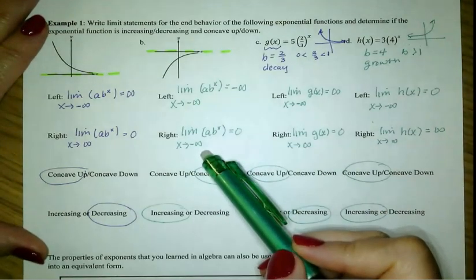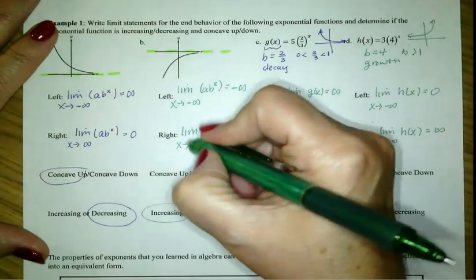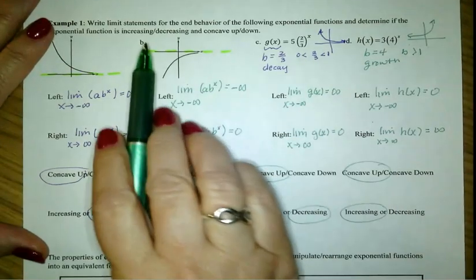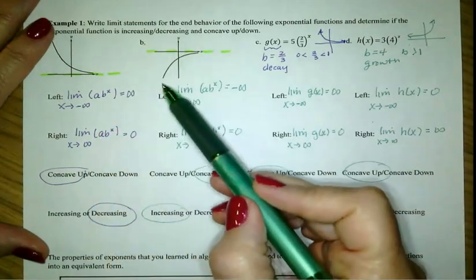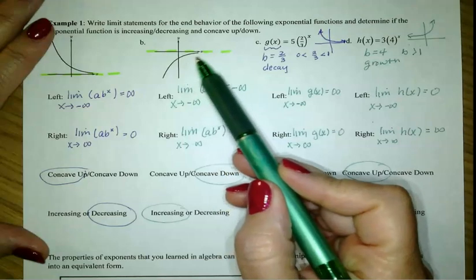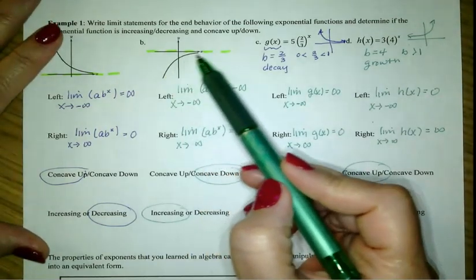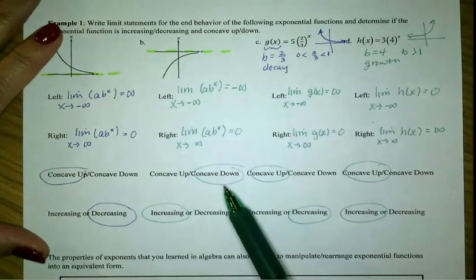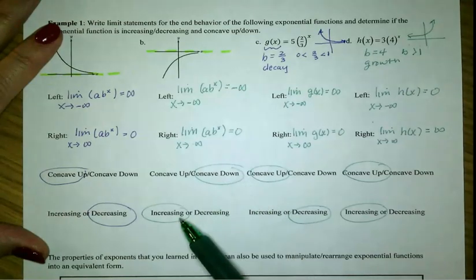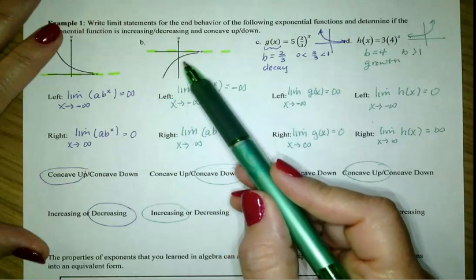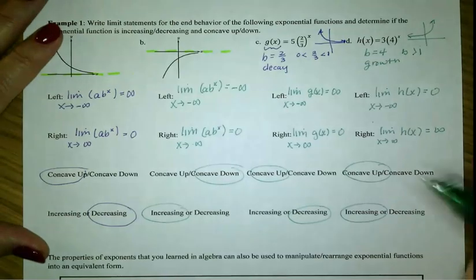As we're moving to positive infinity, then we're going this way, reading left to right on the graph. So the y values are getting bigger and bigger and bigger until they get close to 0. So in this case, you can see the curve is bending like that. So we know it's concave down, and we know that it's increasing because as you move to the right, from left to right, the y values are getting bigger.